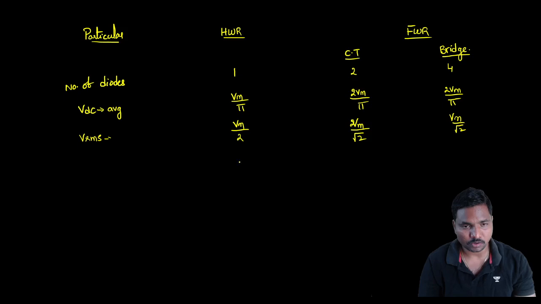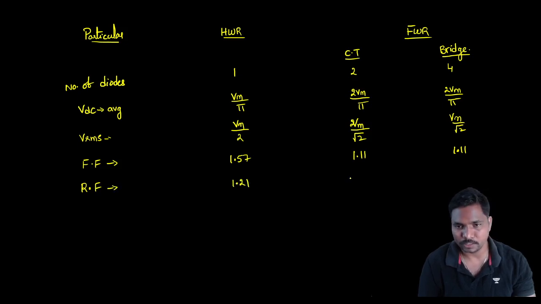Now coming to form factor. Form factor for this is 1.57, for this 1.11, and 1.11. And ripple factor, just now we have discussed, 1.21, 0.48, and 0.48.